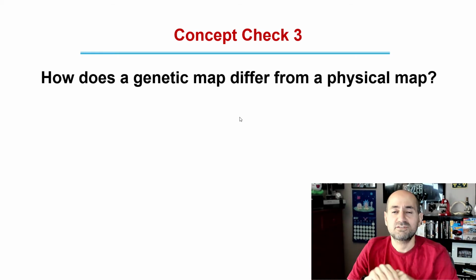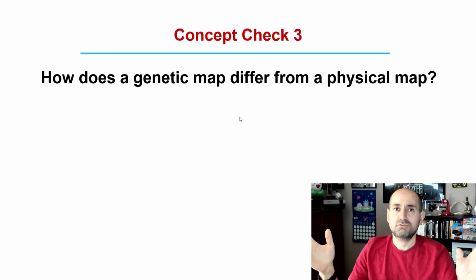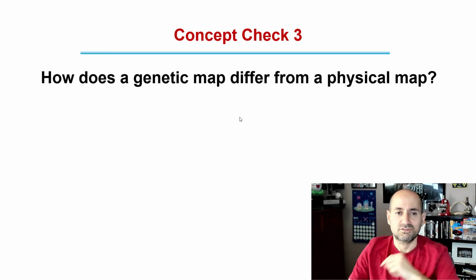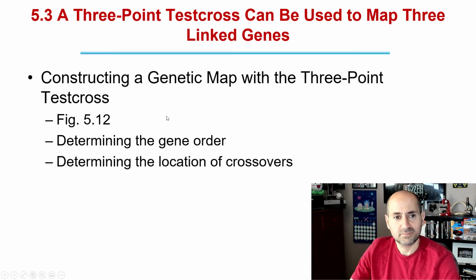But now with the physical maps, gosh, we've got the genetic sequence done. You could go and look it up with a computer, a few clicks of a mouse button, you'll know exactly where these different genes are. So again, genetic maps are based on rates of recombination by doing these test crosses. Physical maps are based on physical distances that you can actually sequence now that we know how to sequence genetics, genomes, I should say.